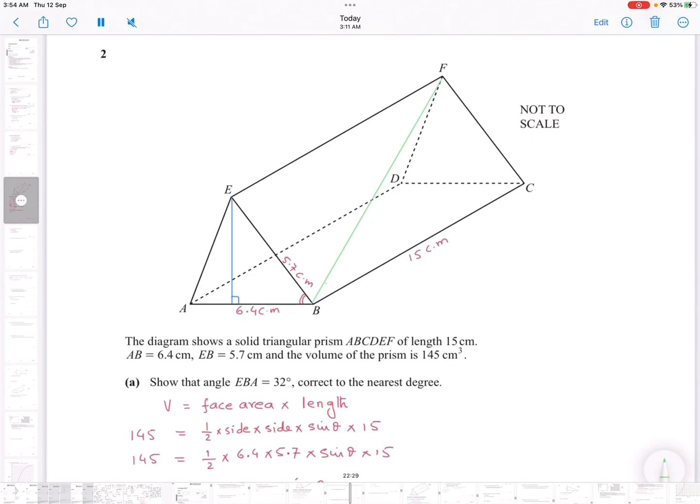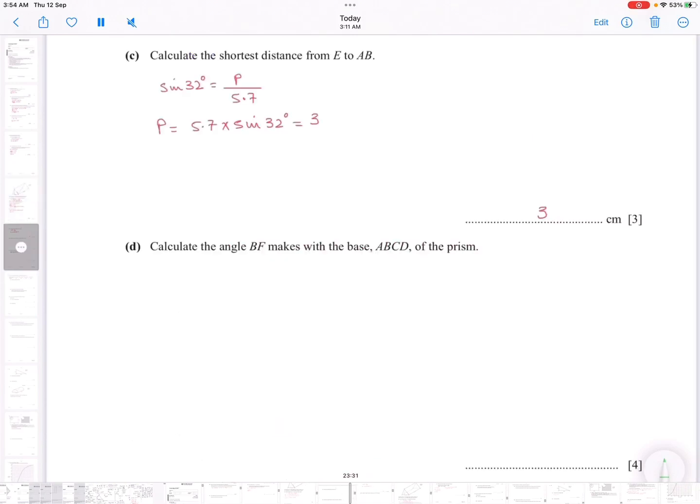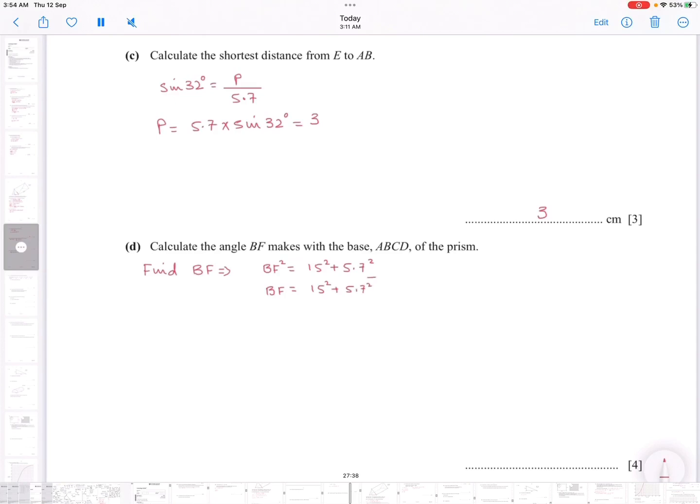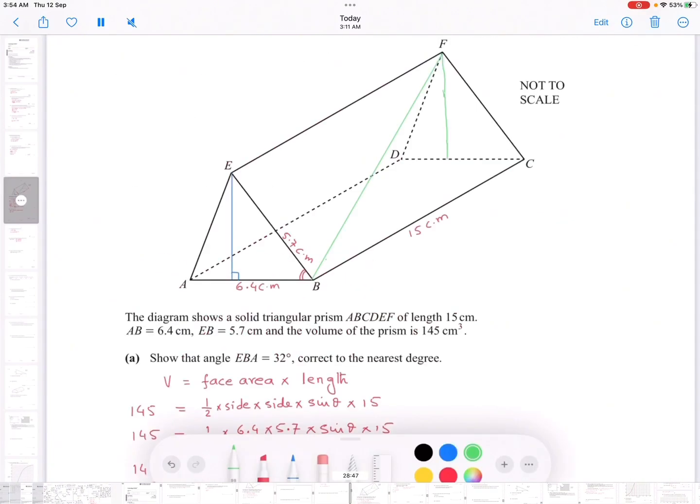Our Pythagoras theorem: BF square equals 15 square plus 5.7 square, and finally BF is 16.0 centimeters. Now we have to find the angle BF makes with the base ABCD of the prism.